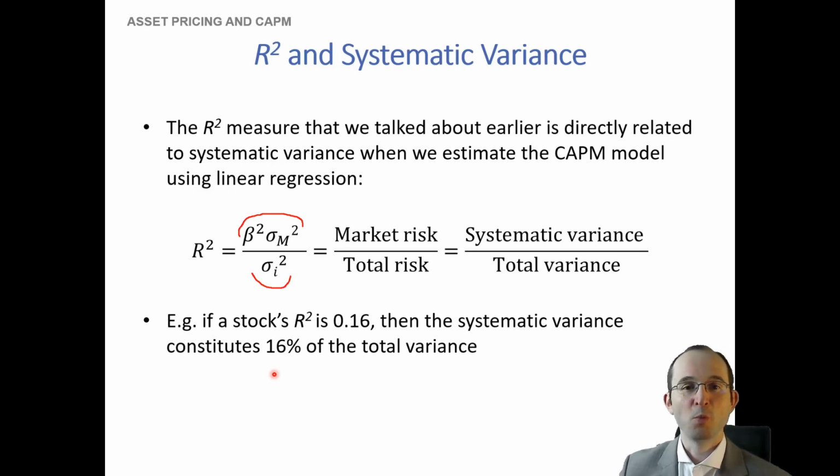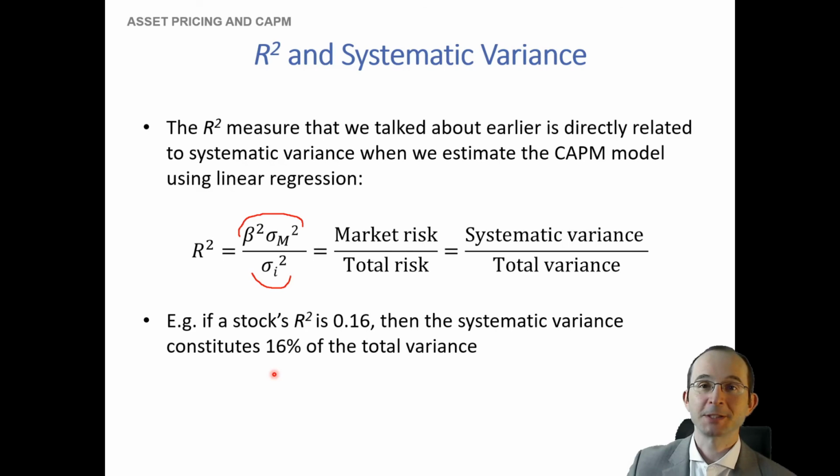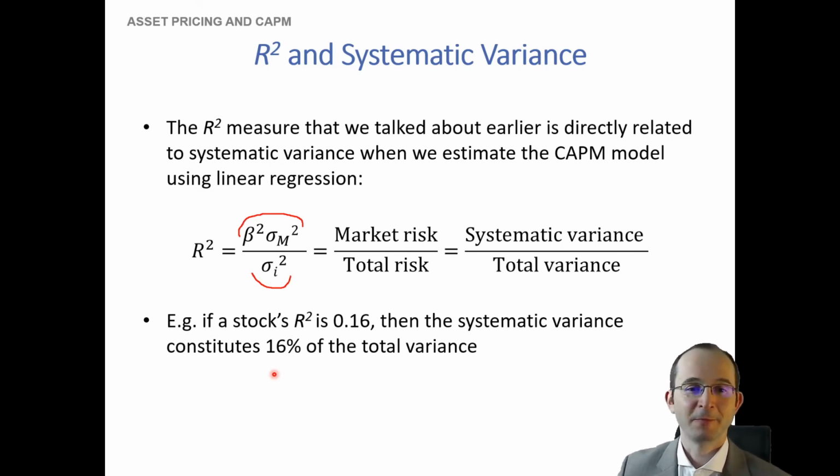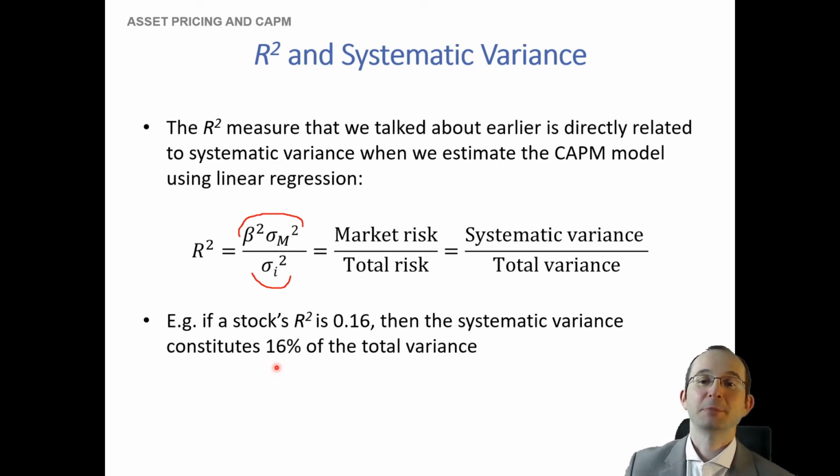Therefore, one useful diagnostic of R squared, assuming we have the right asset pricing model in mind, if the CAPM holds, is that for this particular asset, we would probably want to hold it in a highly diversified portfolio to get rid of the vast majority of its total risk, the 84%, that is actually not priced, that is idiosyncratic, specific just to that particular firm.